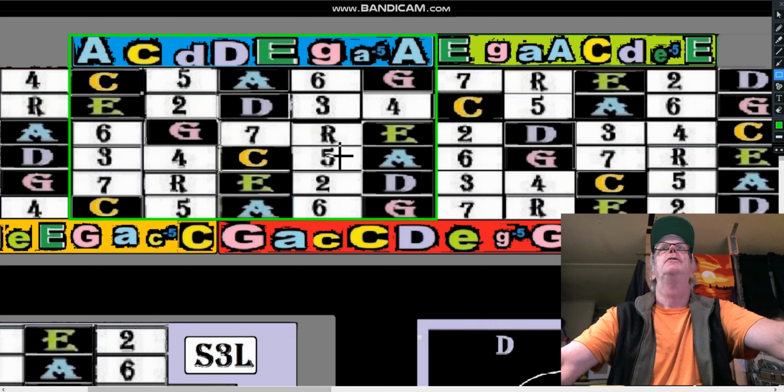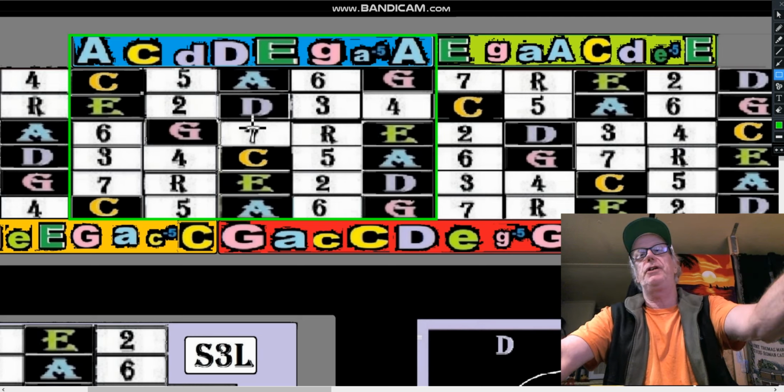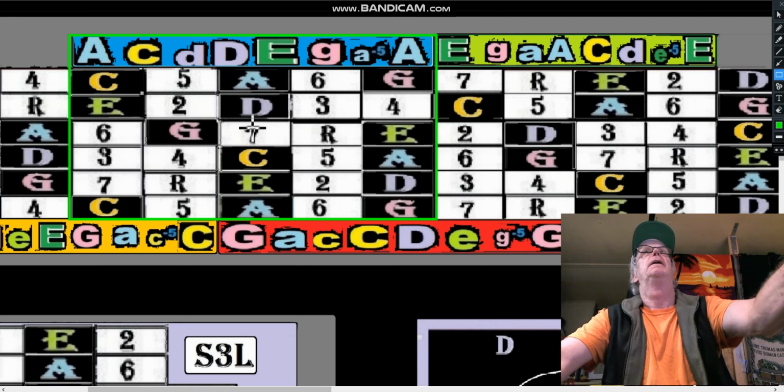A, 5 root 3, D, root 4, 6, and E, 2, 5, 7. Remember, so in the key of C, the 2, 5, 7 would be G. It'd be D, G, and the 7th of C is B.